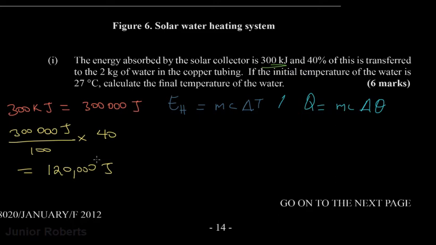So now we can use this as our energy. We're going to write that our energy in this case will be 120,000 joules. That is equal to the mass. In this case our mass is 2 kilograms.